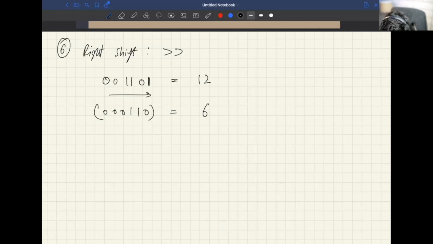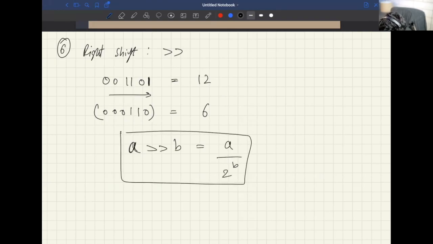Sound good? A divided by 2. So A right shift B times is equal to A divided by 2 raised to power B. Cool.